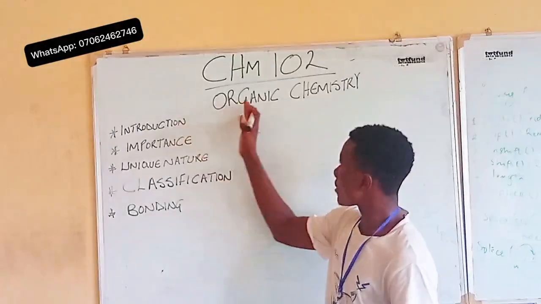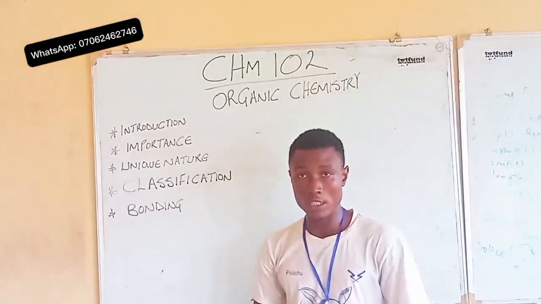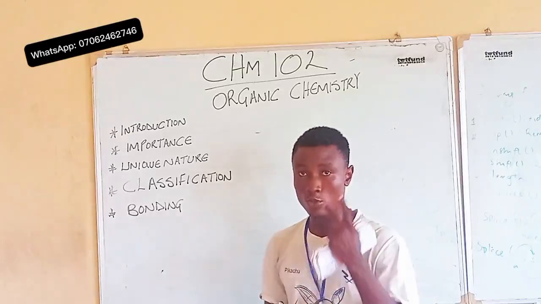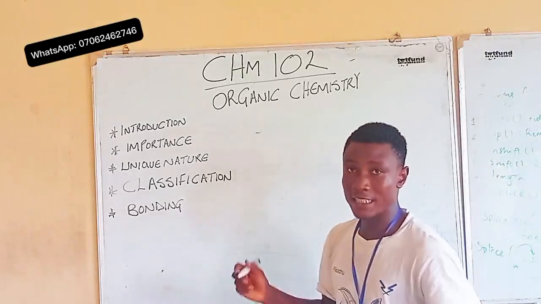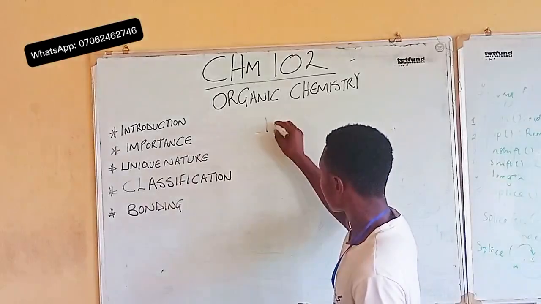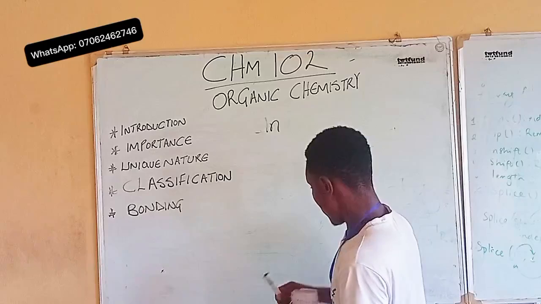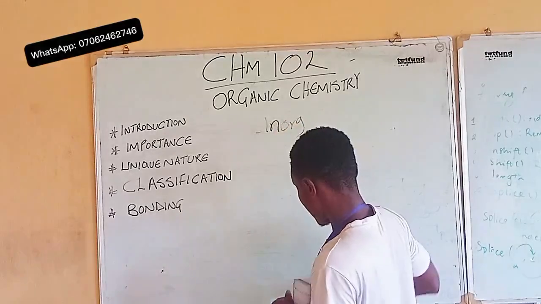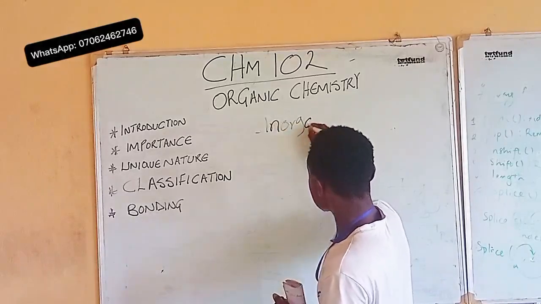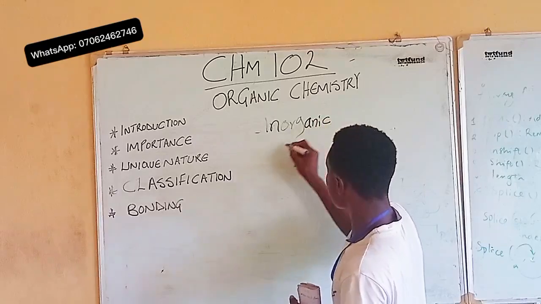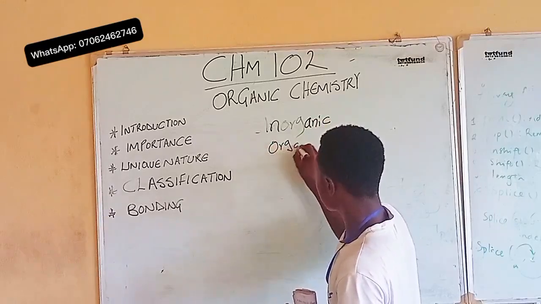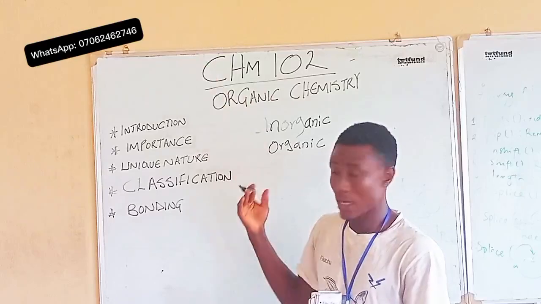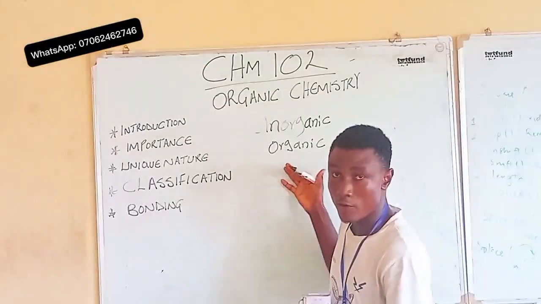So having a brief introduction of what organic chemistry is, we have to know that chemistry is basically divided into two, which is the inorganic and the organic chemistry. The inorganic is what you did in your first semester, and the organic is what you basically focus on.